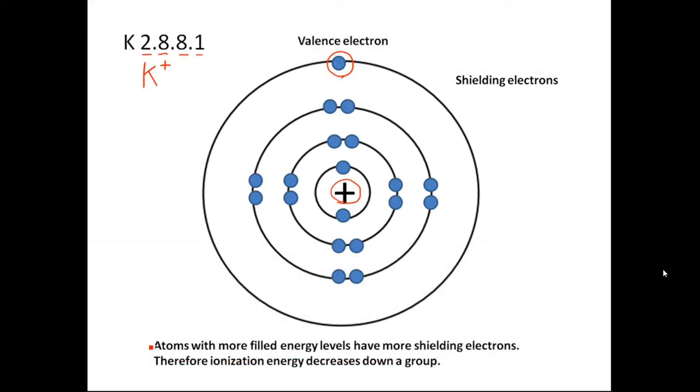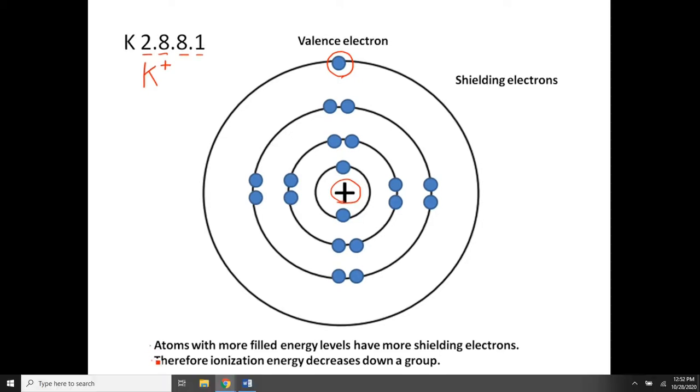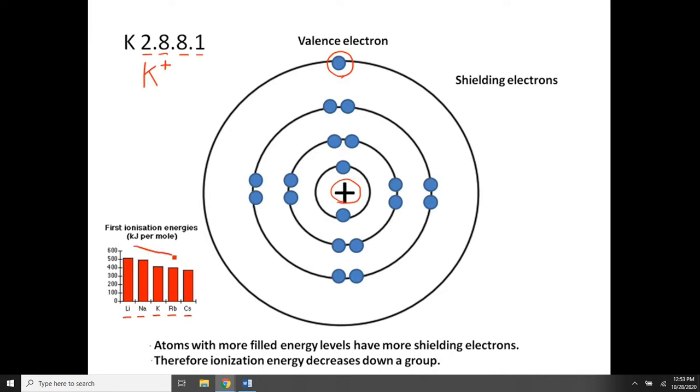So, the first point here, atoms with more filled energy levels have more shielding electrons. Therefore, the ionization energy decreases down a group. So if we look at an example here, these are ionization energies of group 1 elements: lithium, sodium, potassium, rubidium, and cesium. Now if we look at the ionization energy, we can see there's a decrease, okay, a downward trend.